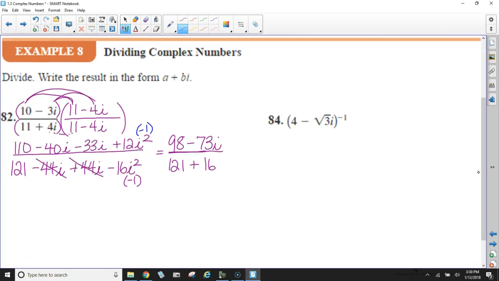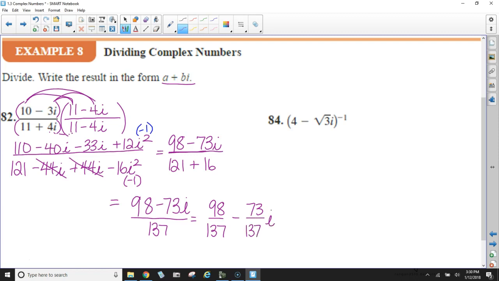And so our answer, well, not quite yet, is 98 minus 73i all over 137. Now, this isn't quite written in the form A plus BI. To get that in the form A plus BI, we're going to split the fraction. Our final answer is going to be 98 over 137, that real part, minus 73 over 137i. Now our answer is in the form A plus BI.